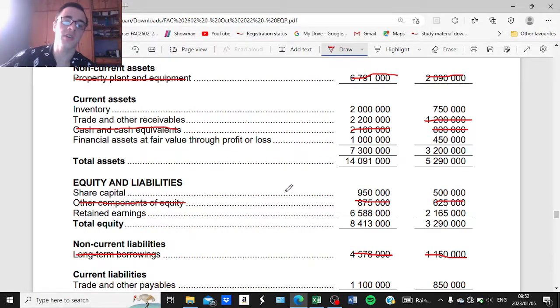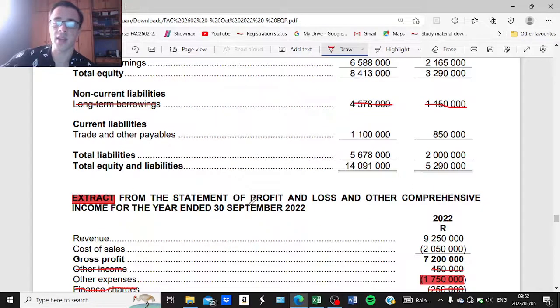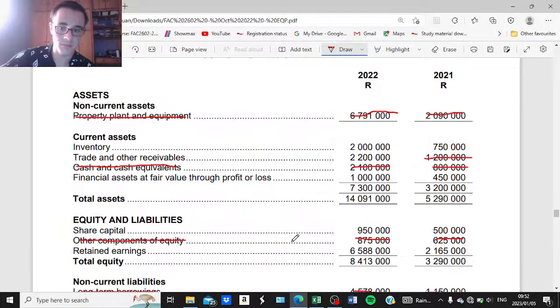What I'm trying to say here is that the allowance for credit losses is not a cash flow item. So we need to add back that allowance in order to determine the actual cash flow for trade and other receivables that occurred during the year.